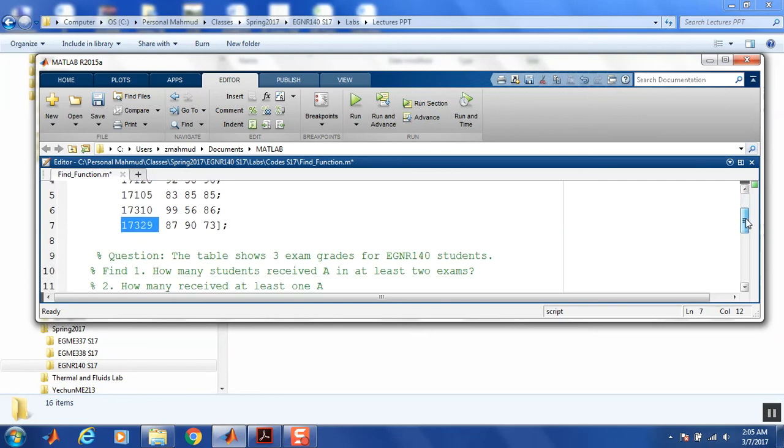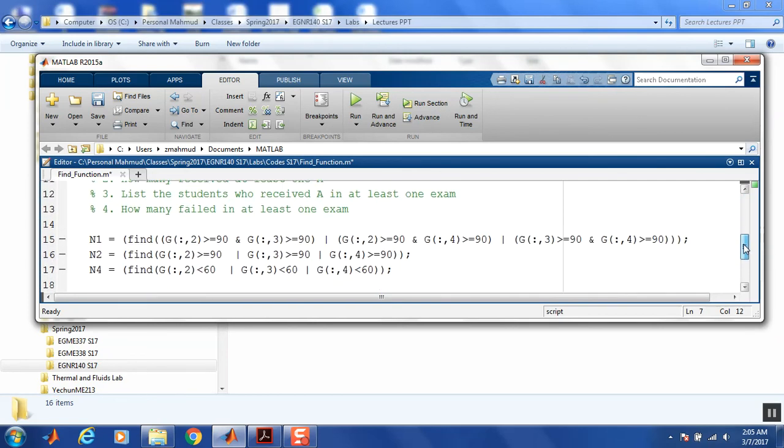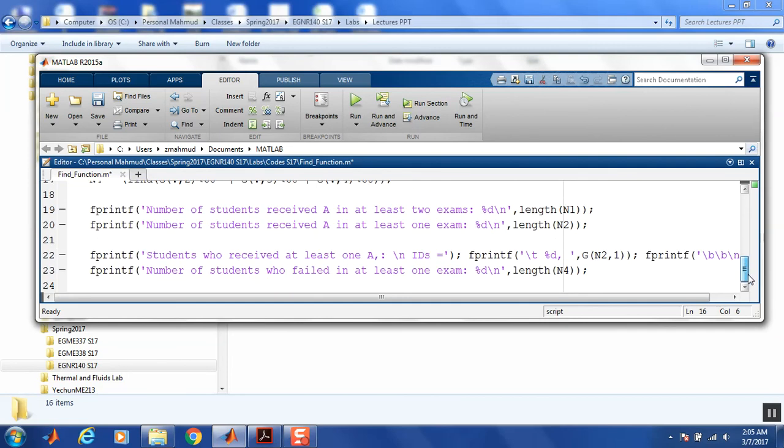So I wanted to print out this ID, this ID, this ID, and this ID, skipping the third one. So what do I have in N2? The answer for N2 would be 1, 2, 4, and 5. So now I know the row numbers 1, 2, 4, 5, and for each of those rows I'm looking for column number 1. For example, the first value of N2 is 1, so it will be 1, 1.